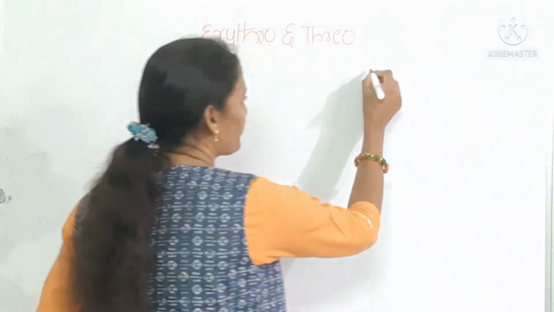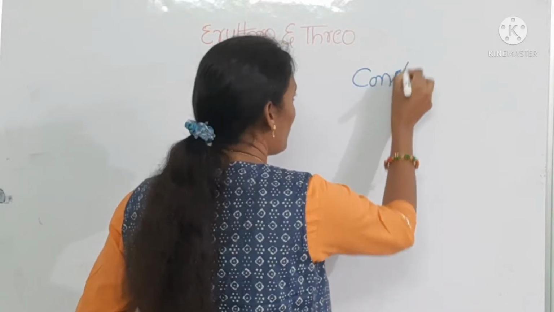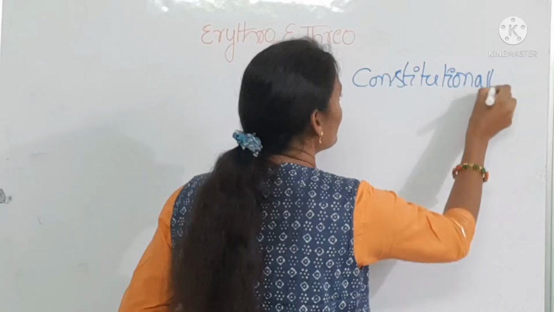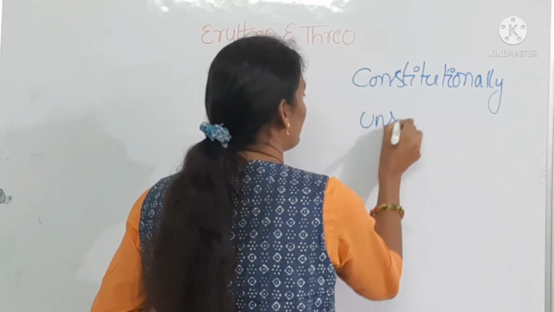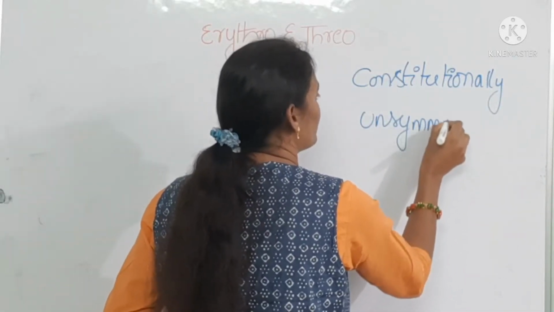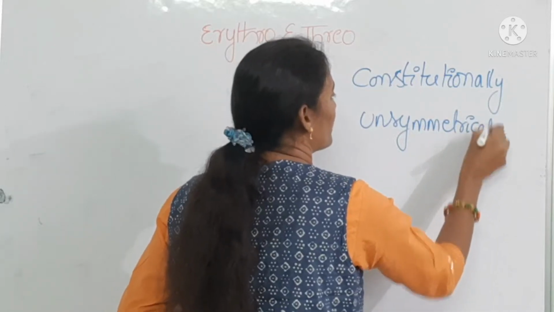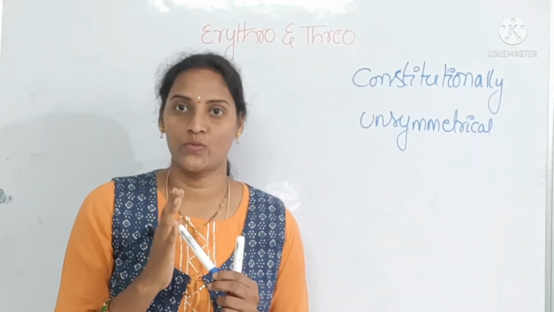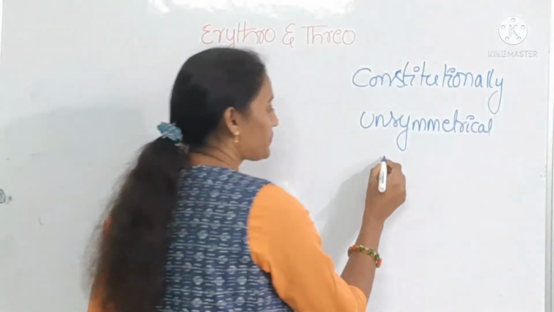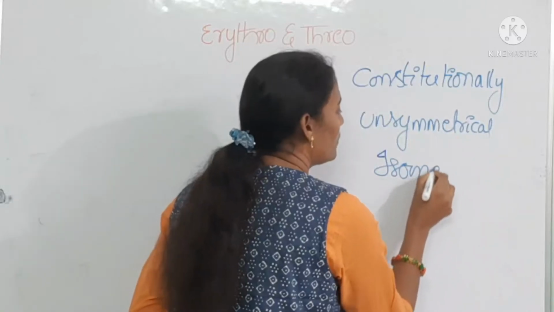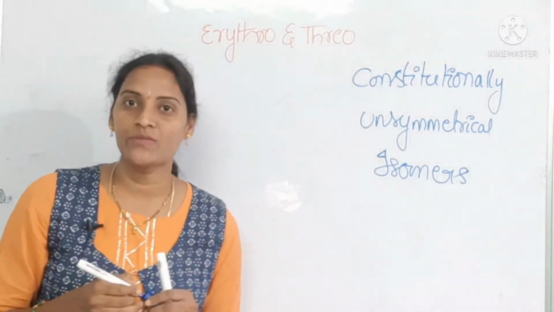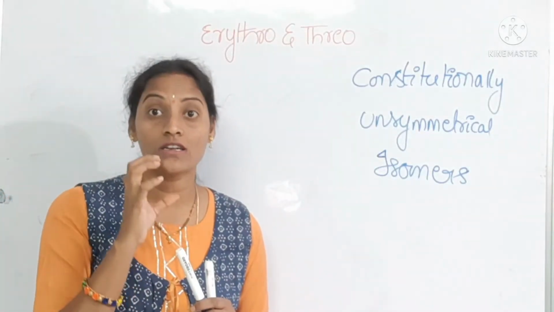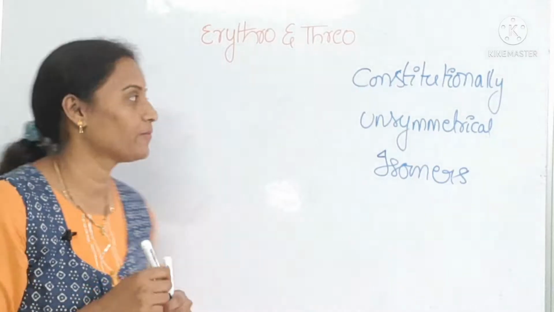Once see here, constitutionally unsymmetrical molecules can only show erythro and threo isomerism. What are the constitutionally unsymmetrical isomers? And before going to this, just try to know what the constitutionally symmetrical isomers are.